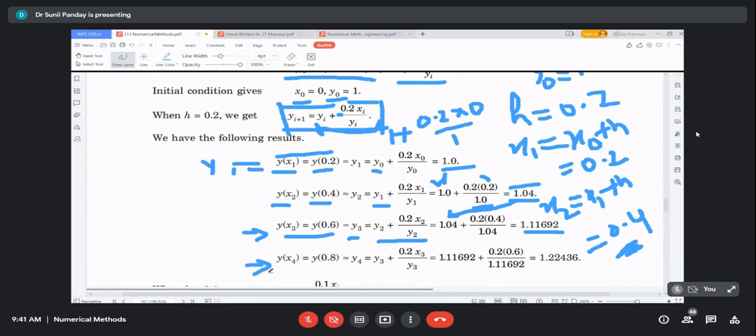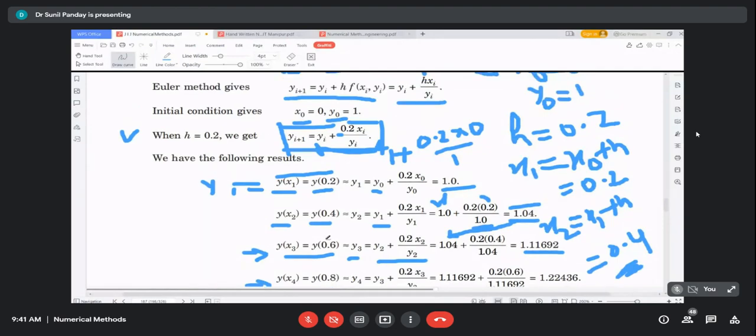Similarly, you can get the value of y at x4, that is y at 0.8. So you will get this value. When we have solved this using h equal to 0.2, this is the solution of the differential equation.